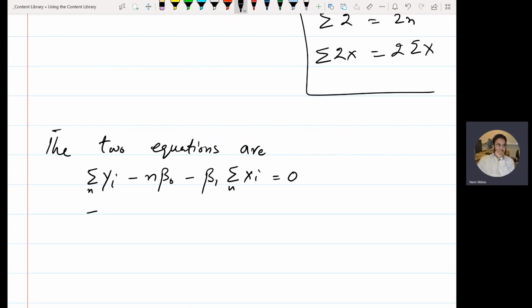And the second equation is summation of xi yi minus beta naught summation of xi minus beta 1 summation of xi square, equal to 0. These are the 2 equations I got.